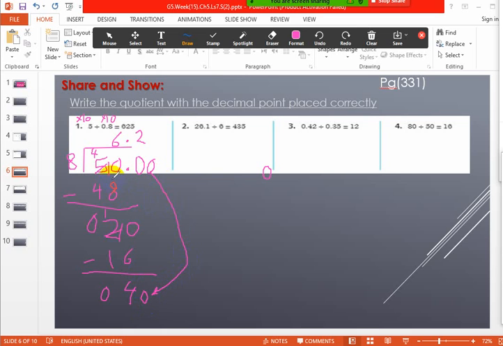So look, I have here two digits after the decimal point. So I will use those two digits. Now, 40 divided by 8 equals what? Very good. Now, 5 multiplied by 8 equals? Very good, Noor. So I have to put the decimal point here after the 6, between the 6 and the 2, so the number becomes 6.25. Thank you, Noor.